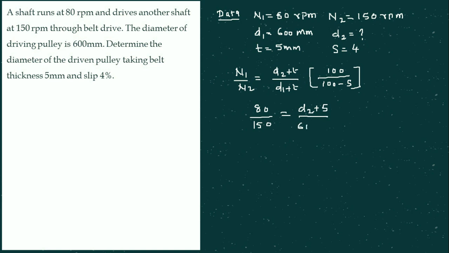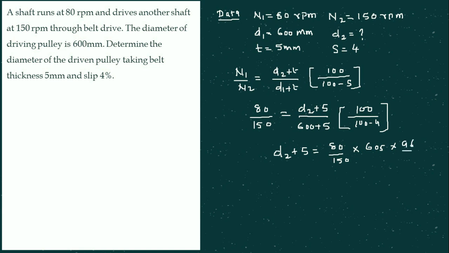So D2 is there, T is 5, D1 is 600 plus 5 mm. This remains 100 as it is, 100 minus 4. So D2 plus 5. Now I can write 80 by 150 multiplied by 605 and multiplied by 96 divided by 100.